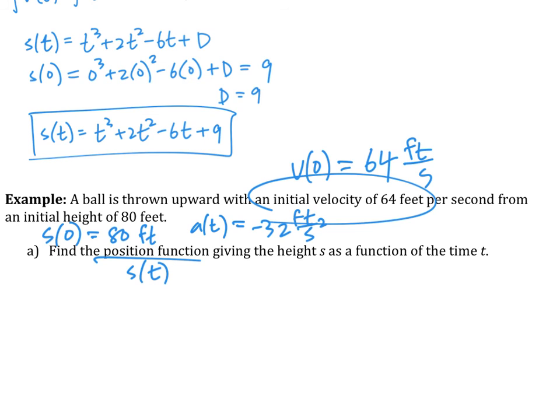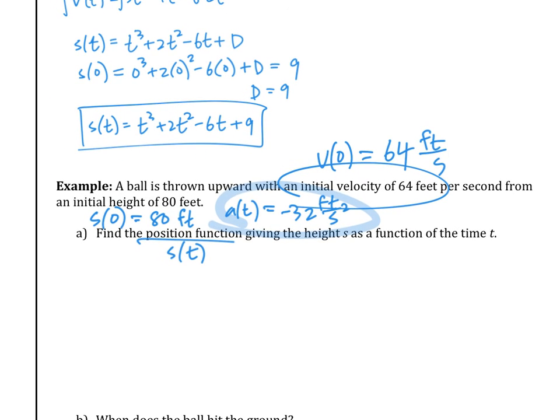You can't start from a condition because that's not a function of t, it's already evaluated at a given time. So you have to start from a function, and that is acceleration. So give this one a try. You're basically going to take the integral twice and then plug in two initial conditions. All right, go ahead and check your answer. This is the position function.